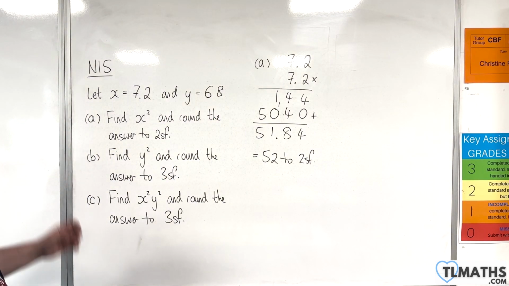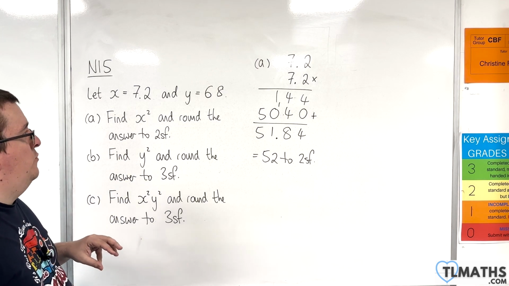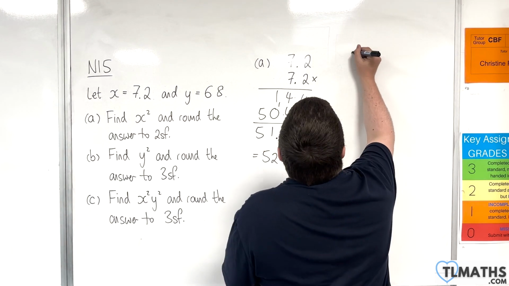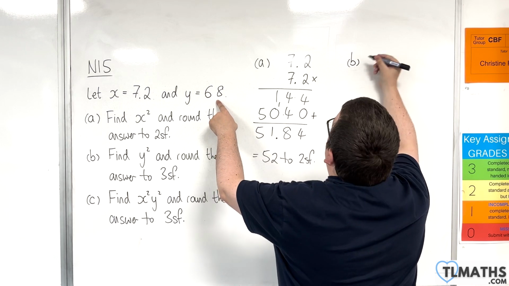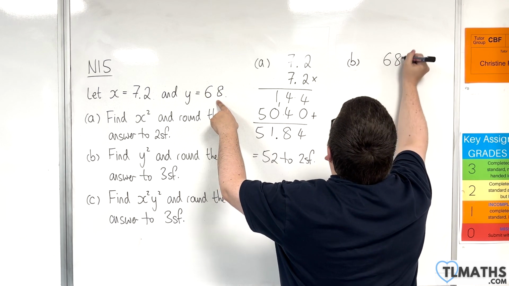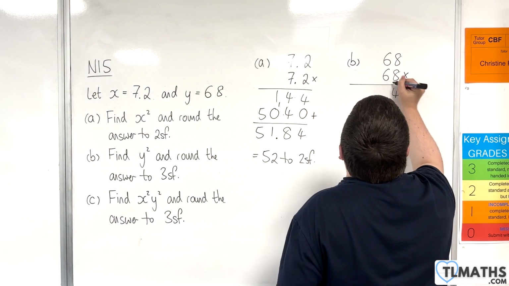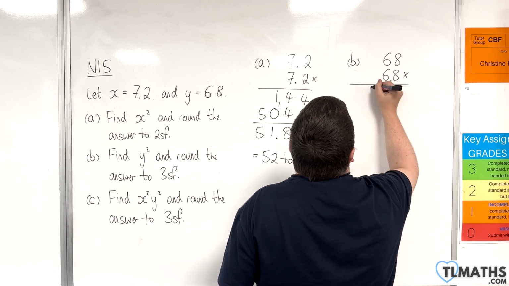Now for part B, find y squared and round the answer to three significant figures. So for B, we need to multiply 68 by 68, so 68 squared. 8 8s are 64, 6 8s are 48, plus the 6 is 54.